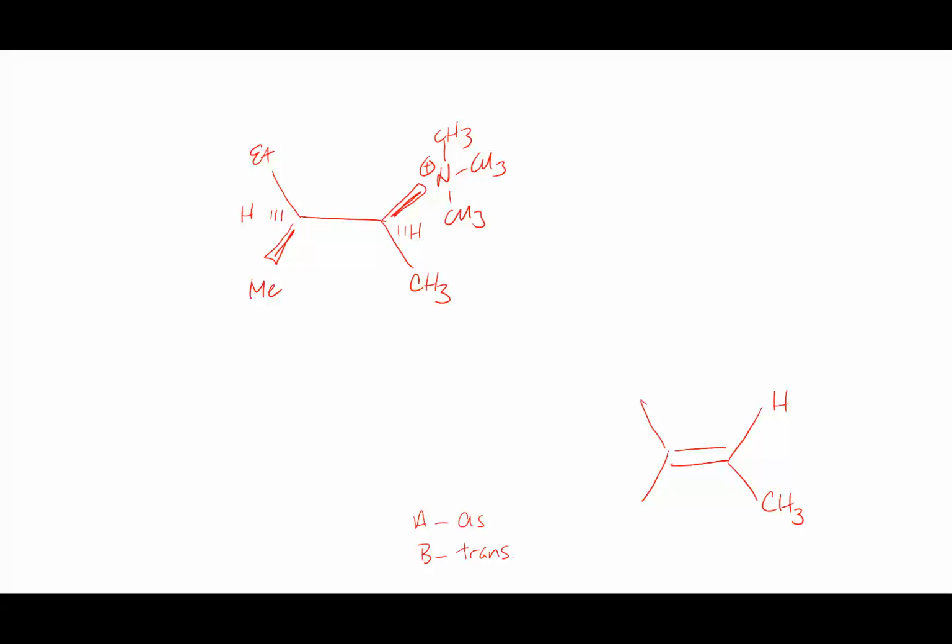I guess your other choice could be, don't know, if you want to be honest and say, I don't have any idea what's going on. This is for Hoffman, so this is for the ammonium.